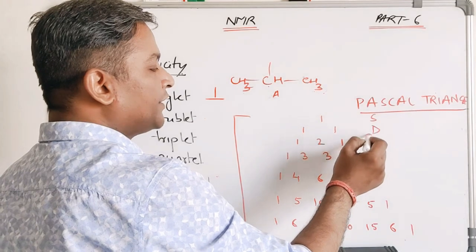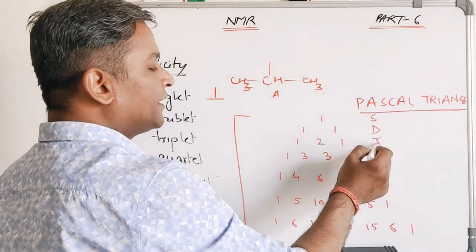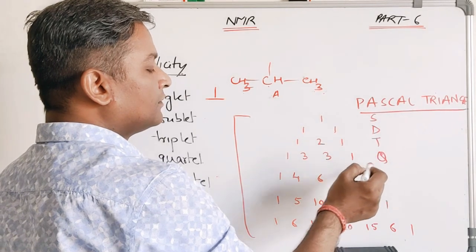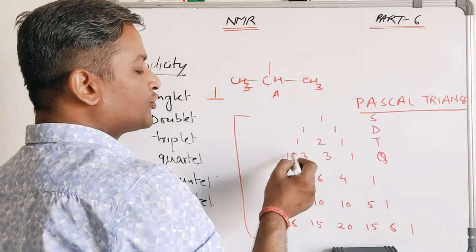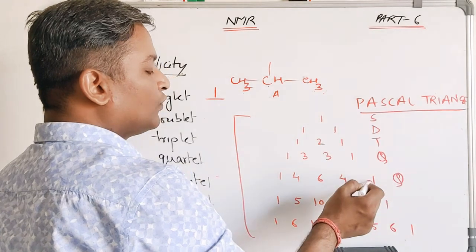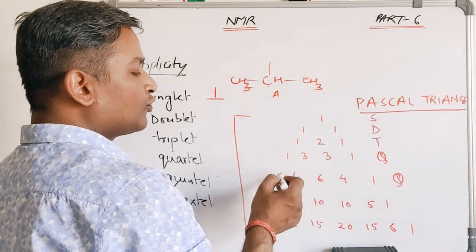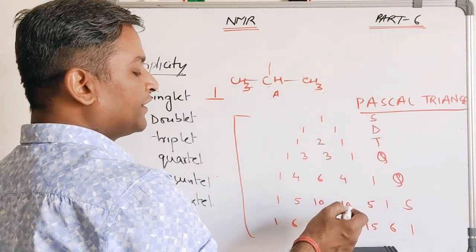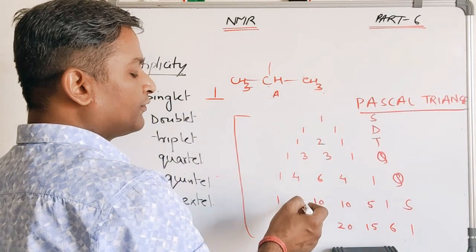If doublet, the ratio will be 1 is to 1. If triplet, the ratio will be 1 is to 2 is to 1. If quartet, 1 is to 3 is to 3 is to 1. If quintet, 1 is to 4 is to 6 is to 4 is to 1. If sextet, 1 is to 5 is to 10 is to 10 is to 5 is to 1.